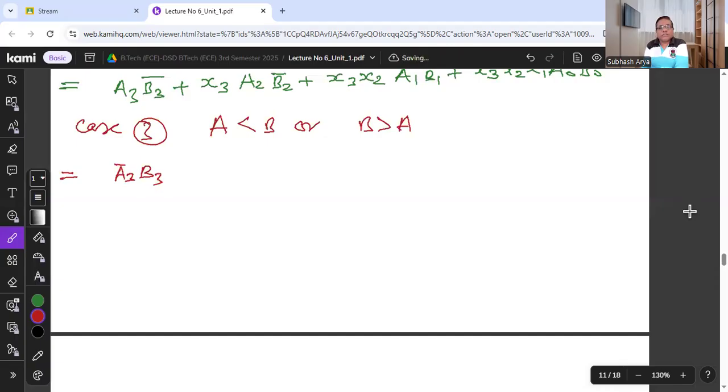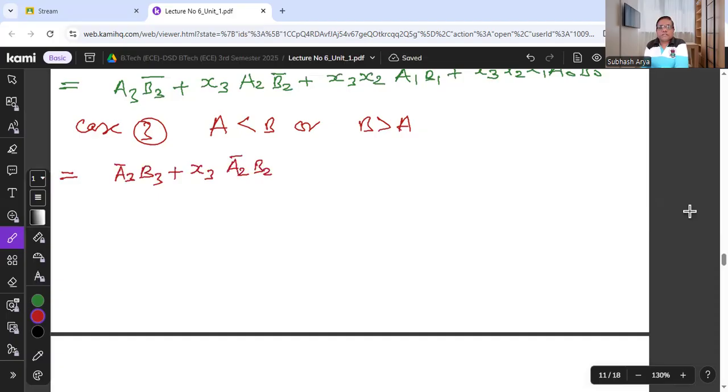When A3 is 0 and B3 is 1, then we can say that B is greater than A. If this is not the case, it means A3 and B3 are both the same, that is captured by X3. Then we write A2 bar B2. Then only we can say B is greater than A, or A is less than B.